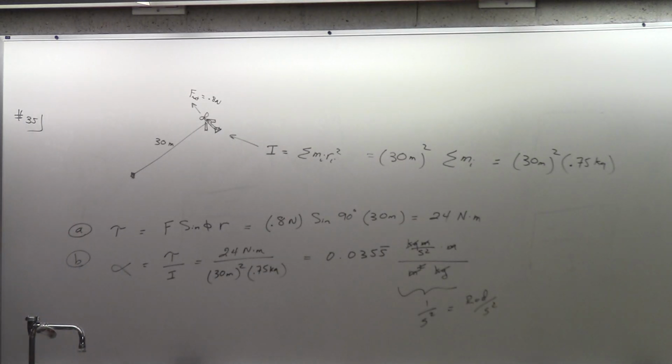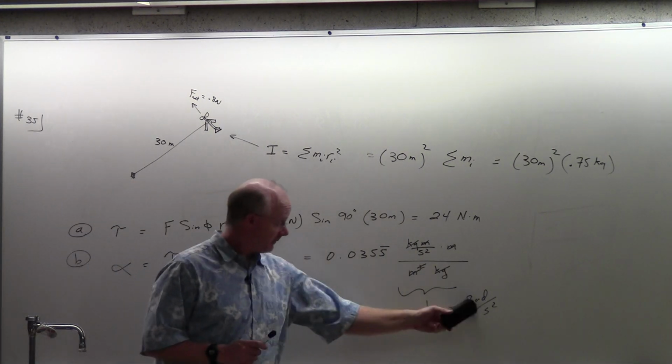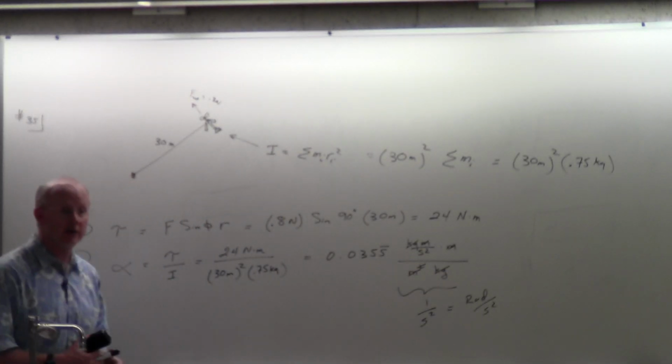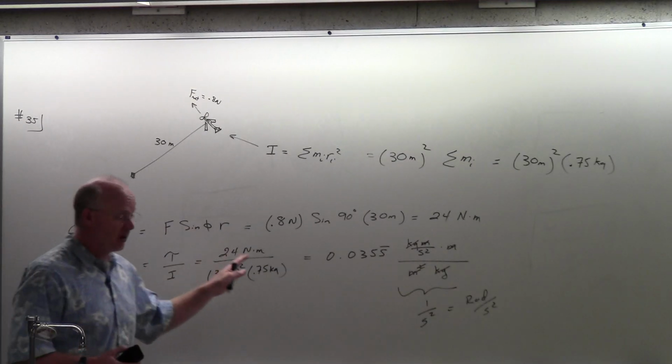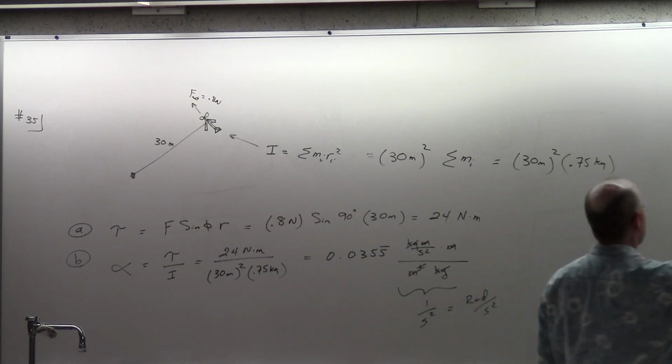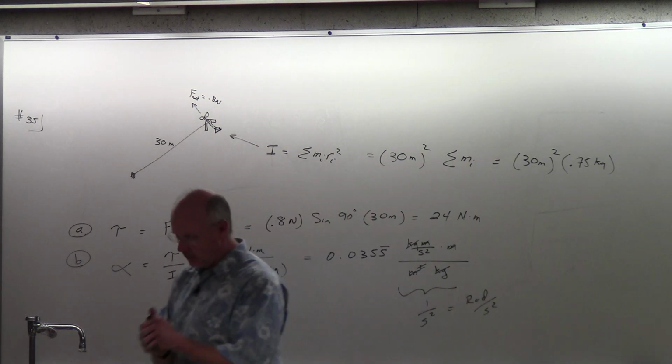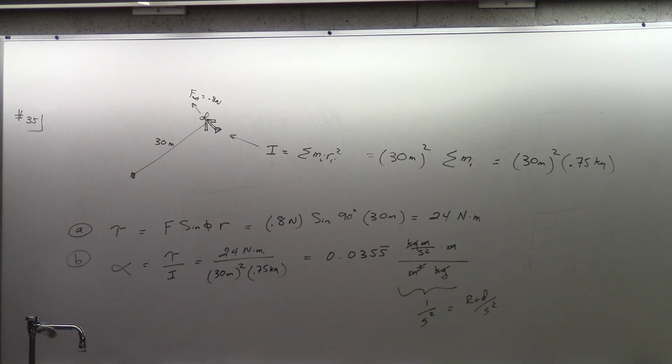I personally am good with whatever units, because you made it clear: this is the answer in these units. Put in different units, you're going to have a different number. That's fine. As long as you put the appropriate number with the appropriate units, I don't think there's any reason I or anybody else should take off points for that, unless the question actually said a particular unit.